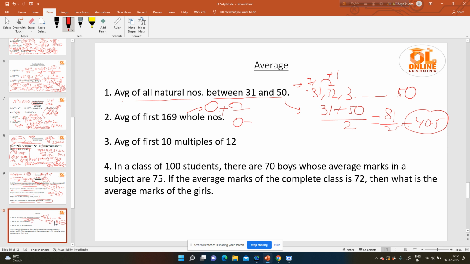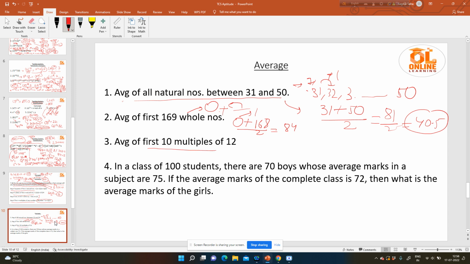The first number is 0 and the last number is 168, because 0 is counted as the first number. If you use 169 here, your answer will be wrong. So it will be 0 plus 168 by 2, that will be 84.